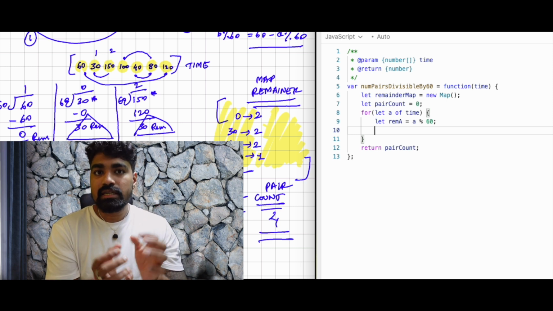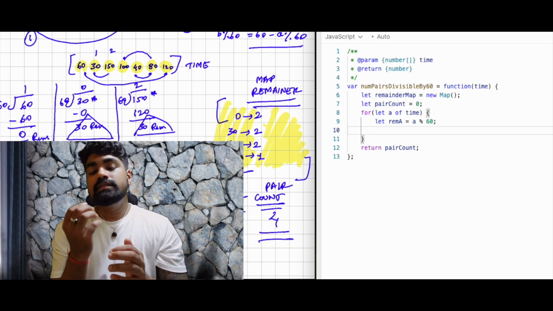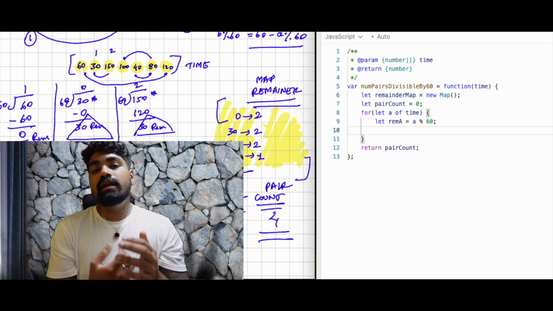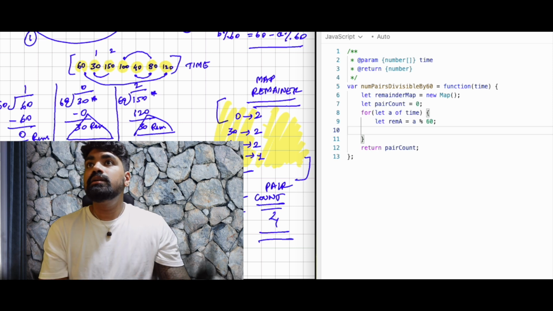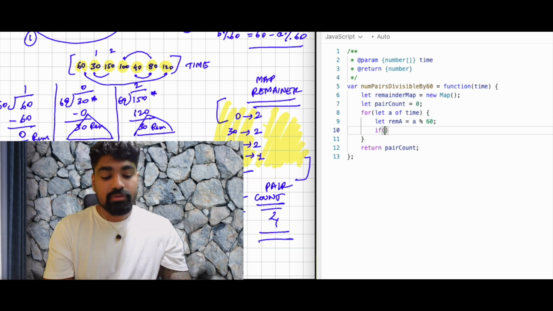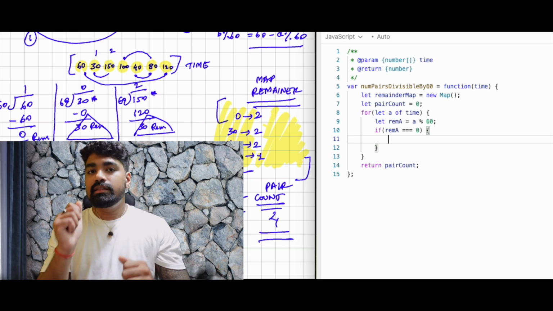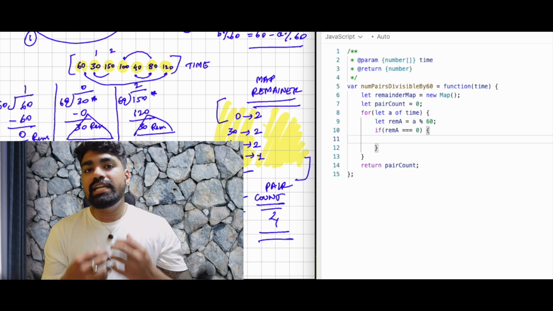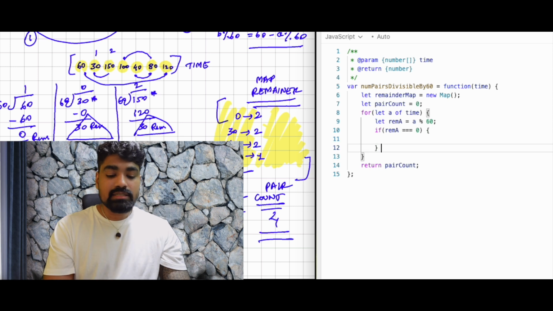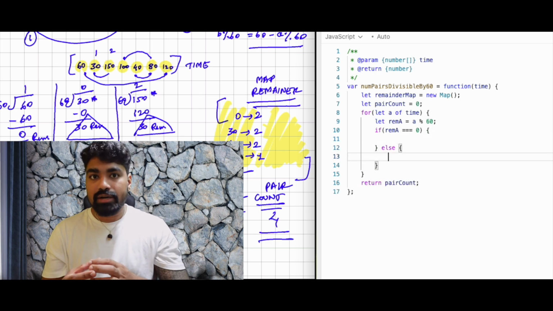So first condition says that a has to be divisible by 60, and you also need a b that will be divisible by 60. So I will say if the remainder of a is having a value of 0, that means it is divisible, then you do the condition 1 check. Otherwise you will do the condition 2 check of yours.